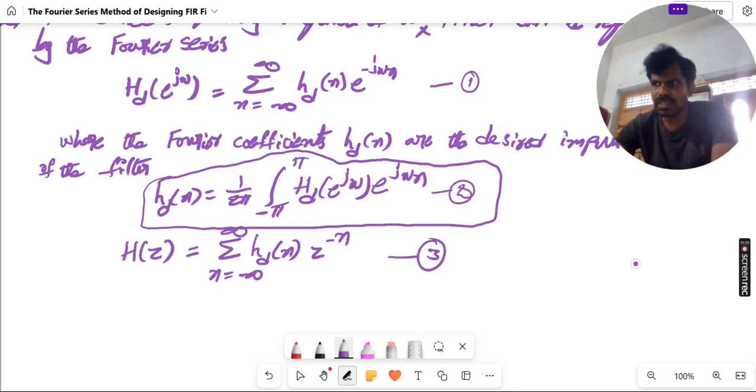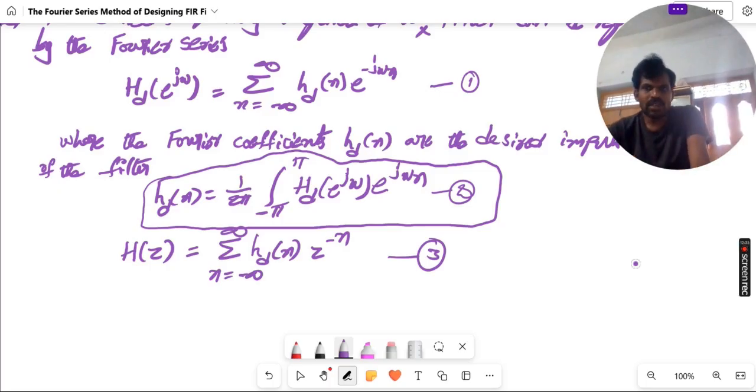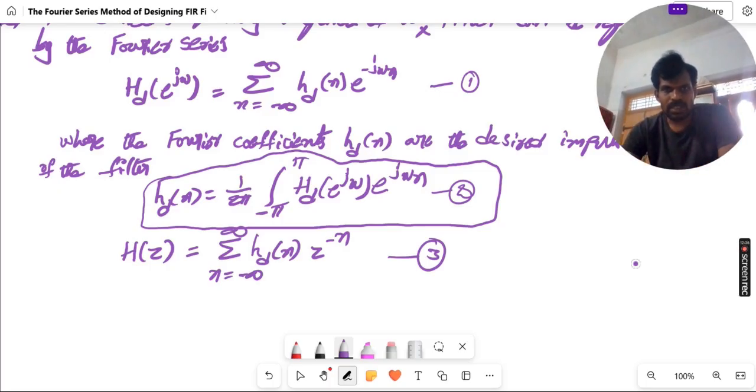So equation number 3 represents a non-causal system. We know that when a system is said to be causal, it is based on how the system output depends on the inputs, so we define a causal system accordingly. In a similar way here also, the output depends on the future inputs also, but in a causal system the output of a system depends on present and past values of input.